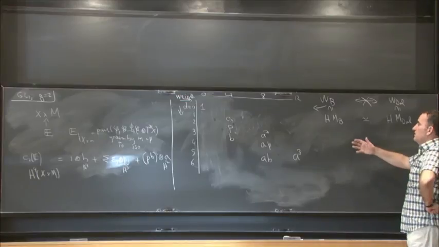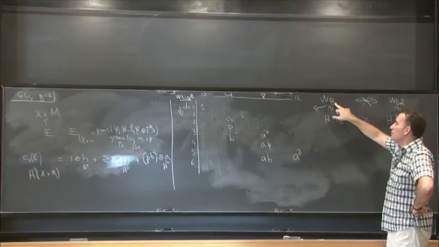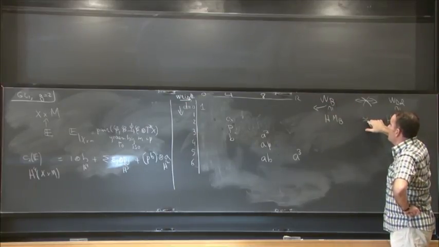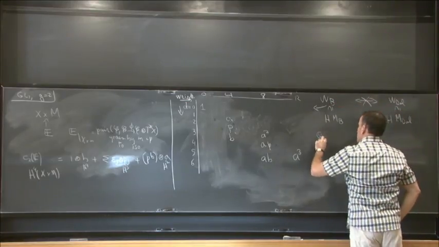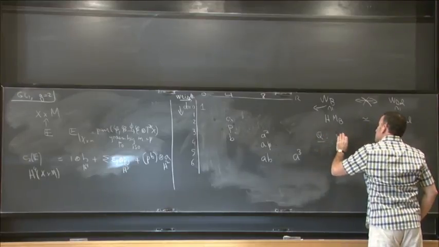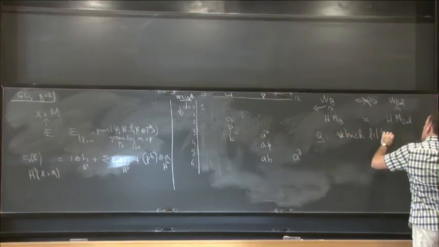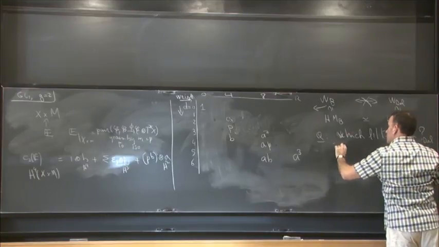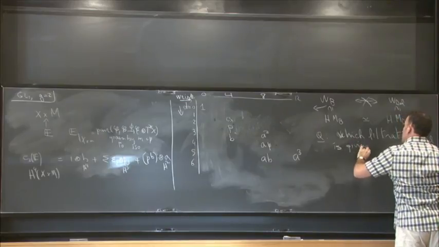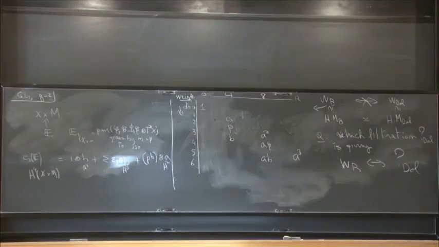So the question that I want to raise, because I already know the answer in GL2, is: under this isomorphism, what filtration in here corresponds to this? That's the question. Okay.